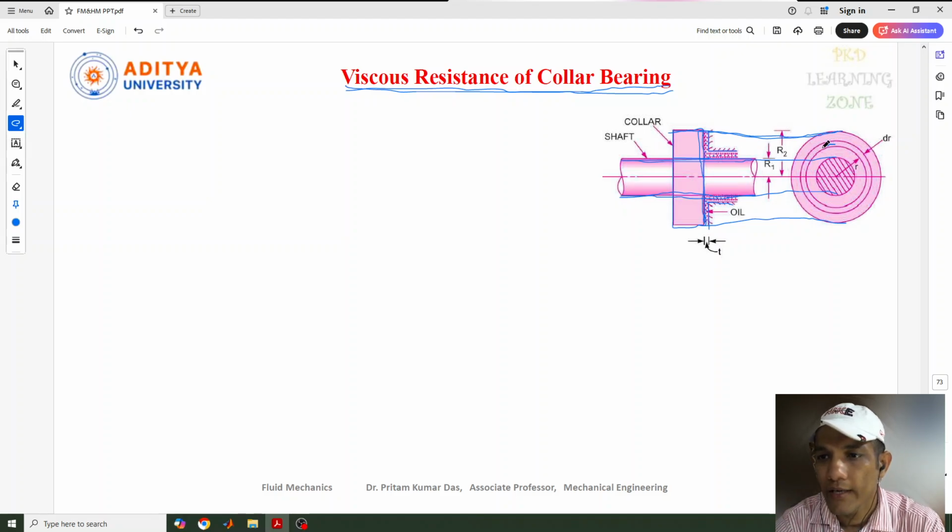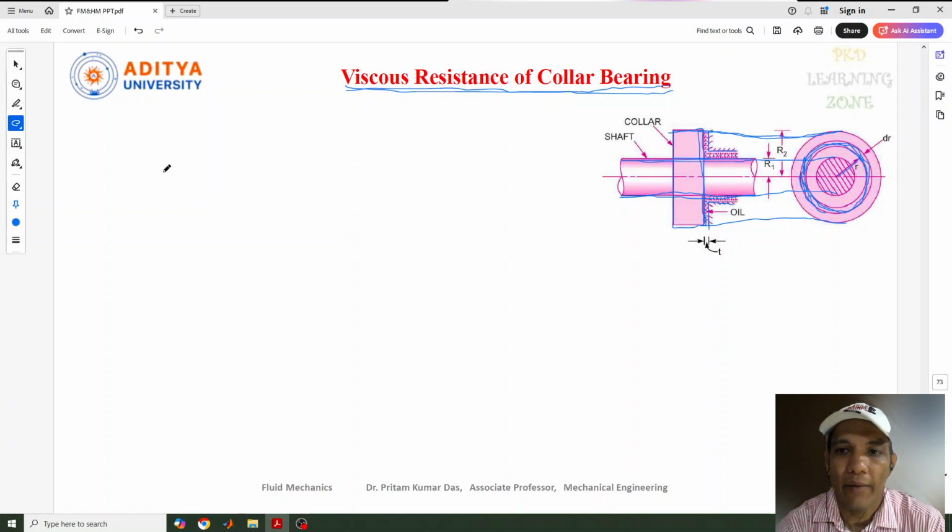Again we need to consider an elemental part of this ring, as we did previously, so that we can find out the power absorbed in it. This is the elemental ring situated at a distance of r, with a width of dr.